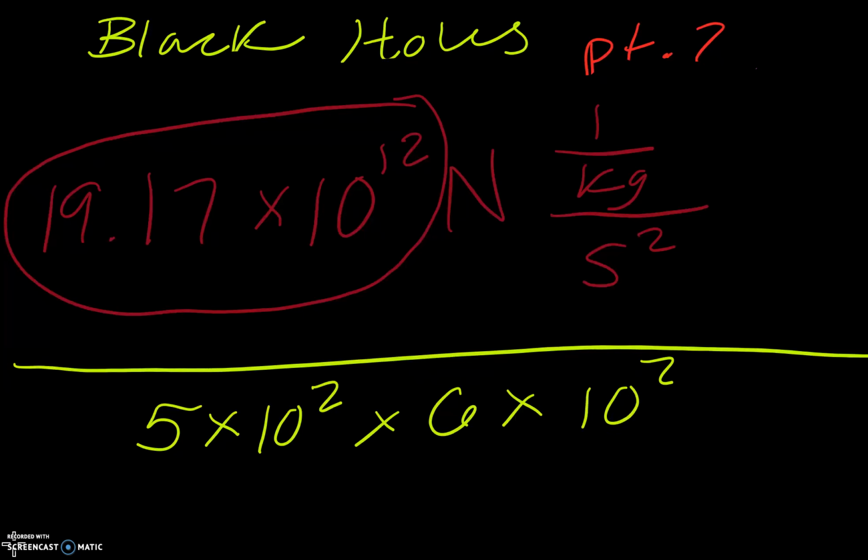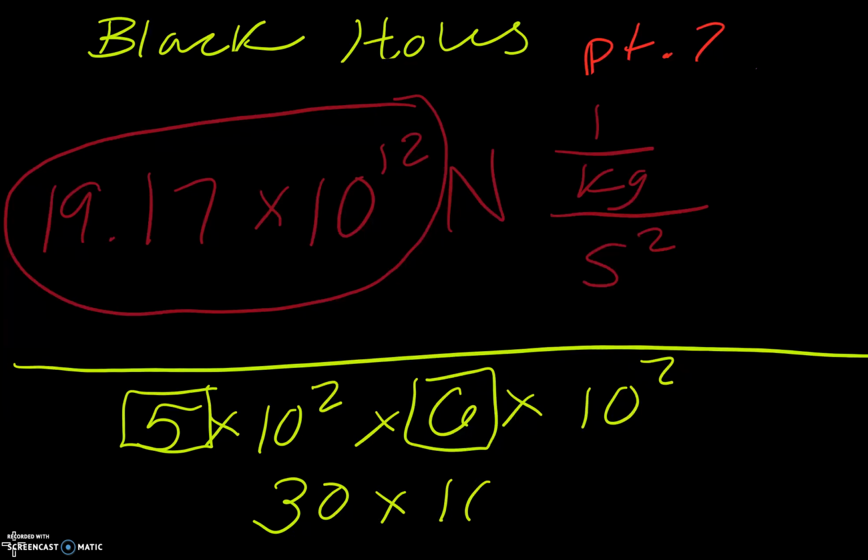So what you're going to do is just multiply these front numbers as you normally would. So 5 times 6 is 30. And then you're going to do that times 10. Make sure you have the same base here. And you just add the exponents. So 30 times 10 to the fourth. So whenever I'm multiplying the numbers, that's what I'm doing.